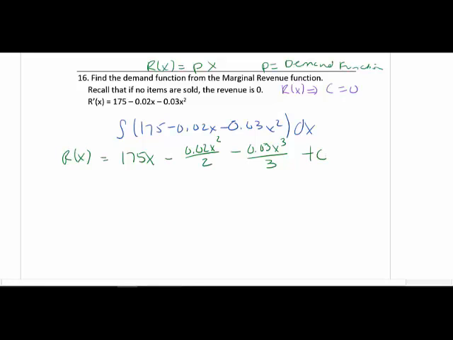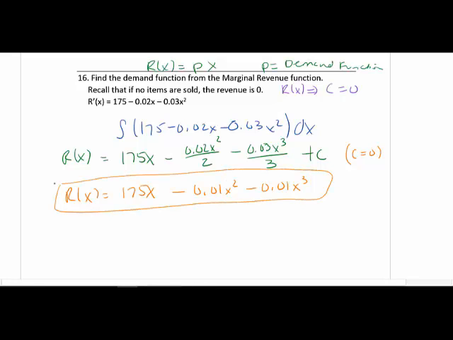Always just go ahead and write down, be in the habit. So my revenue function: 175x minus 0.01 x squared minus 0.01 x cubed, and remember C is 0 for revenue, because when you produce anything you do not expect to have any revenue. So this is my revenue function. That's not what it's asking for, but that's important.